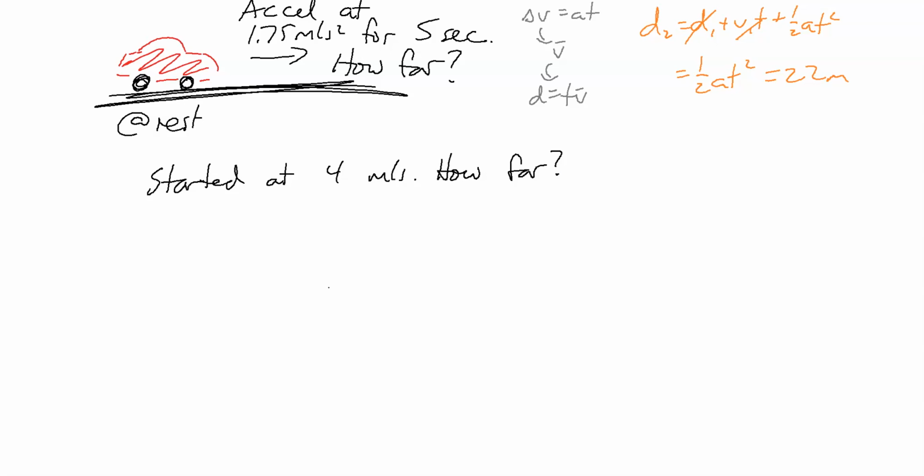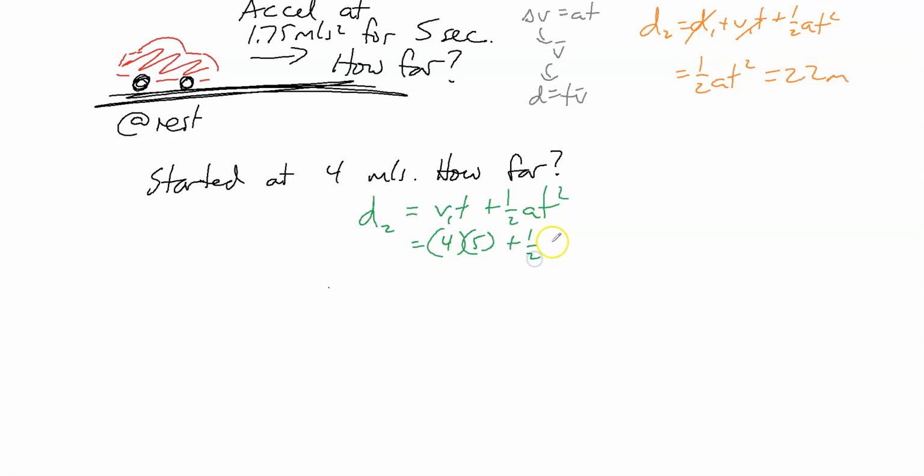Okay, let's do something similar. Well, if I did that instead, D1 is still equal to 0. I'm not even going to bother writing it down. So it would just be final D, D2, just overall D would just be V1t plus 1/2 AT squared, because now my V1 isn't equal to 0. So if I do that, my V1 is the 4, that's the initial V. The time is still 5 seconds, so this is, of course, 20 meters there.